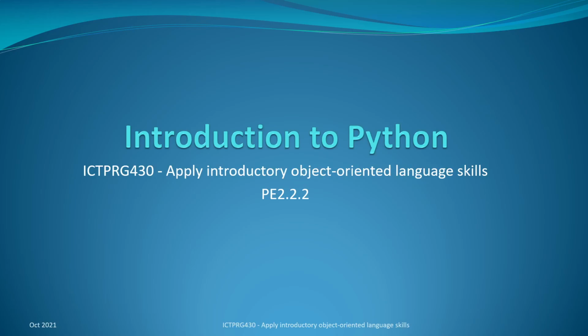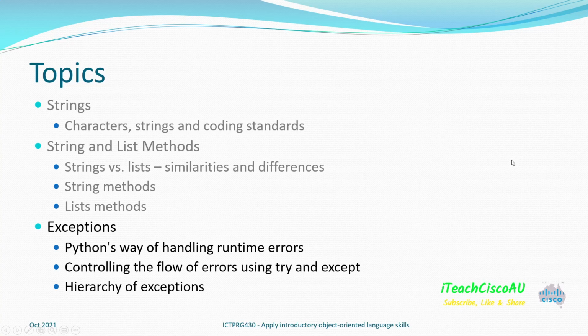And welcome back. So this is part 2 of chapter 2 of the Python Essentials 2 course. Now in this one we will be reviewing the good old exceptions or errors.